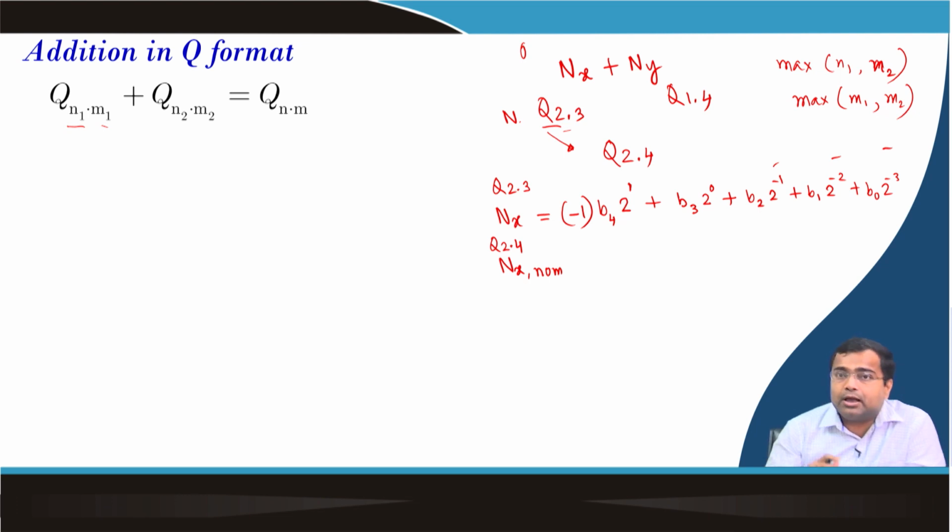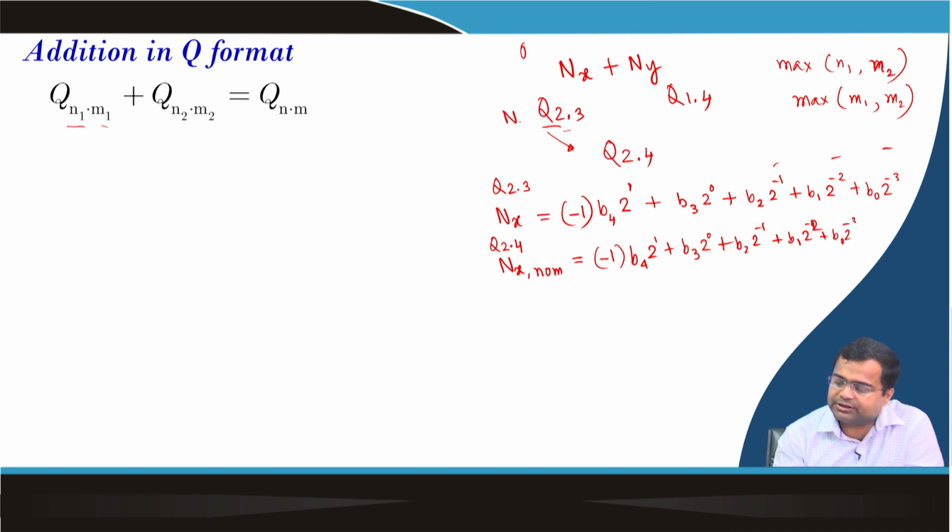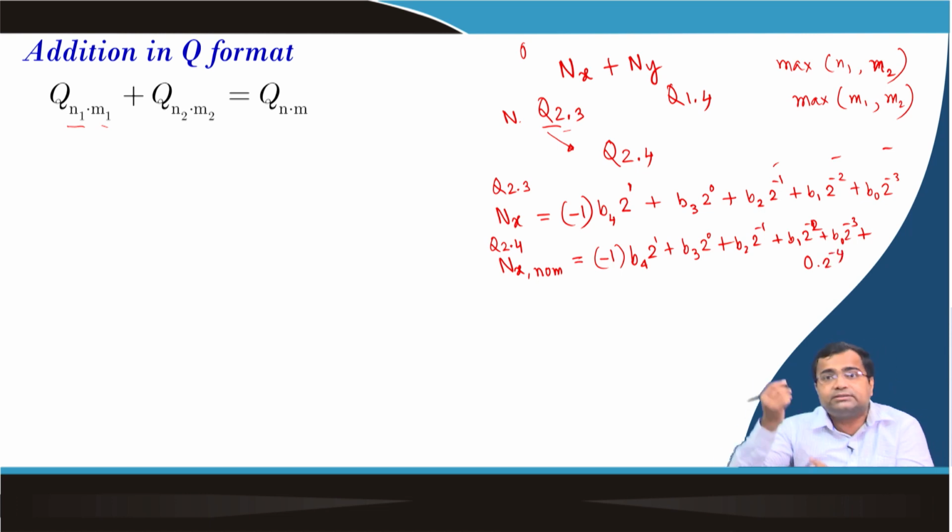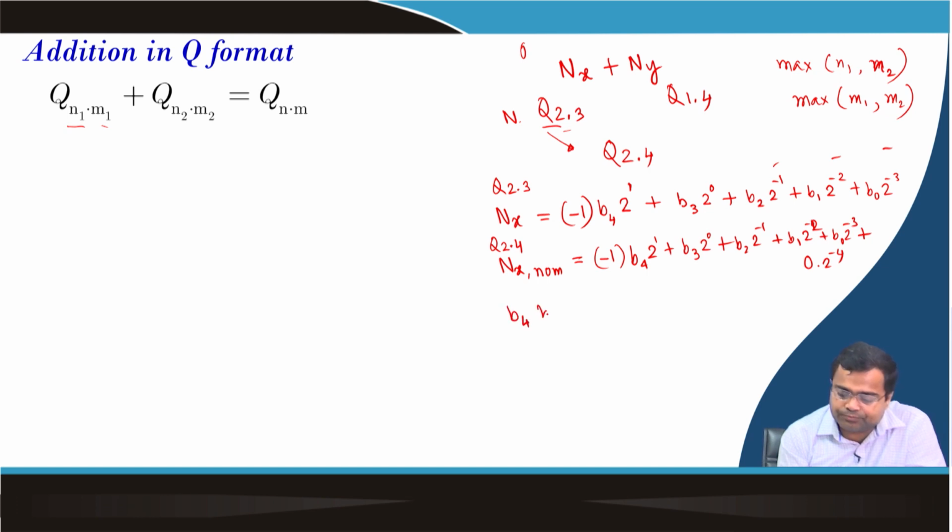We can, this number will not change if we write the same thing, we maintain this 2 to the power 1, b3 2 to the power 0 plus b2 2 to the power -1 plus b1 2 to the power -2 plus b0 2 to the power -3 plus 0 into 2 to the power -4. It does not change. That means, now this normalization will look like b4, b3, b2, b1, b0 and 0.